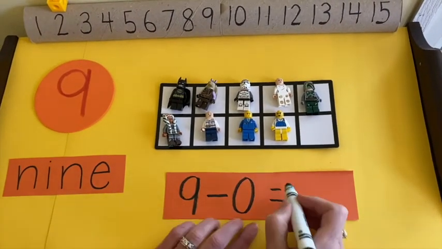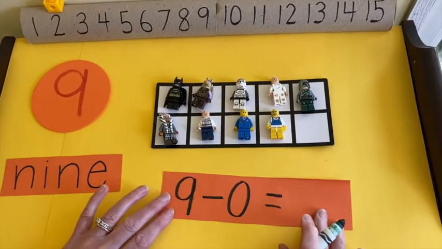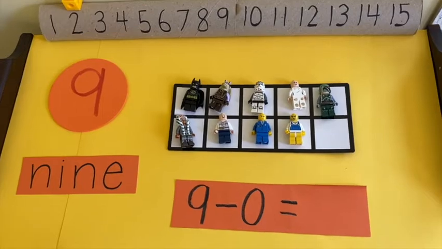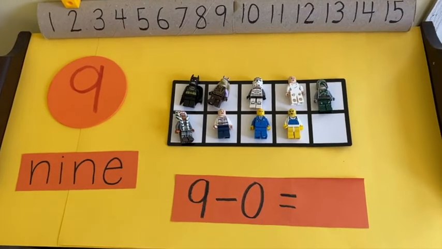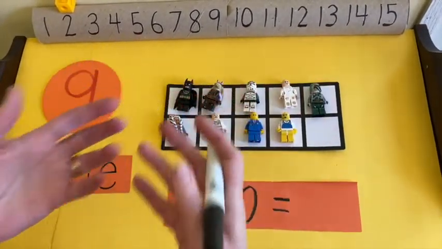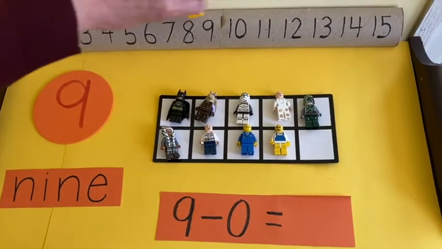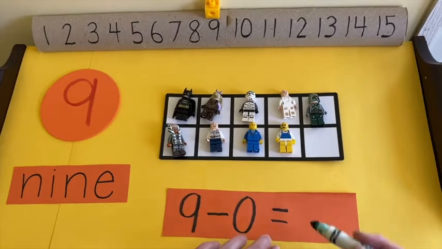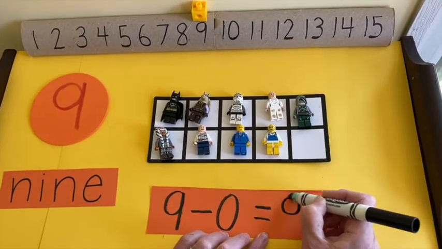Go ahead and do some work at home. See if you can come up with that answer. Oh, are you not doing too much work? Right, because 9 minus 0 means take nothing away. So I'm absolutely taking 0 from my 10 frame. So my answer will be 9.